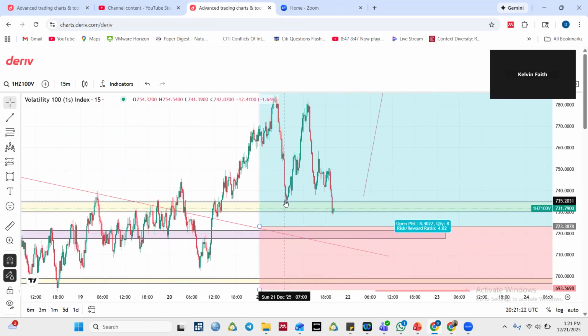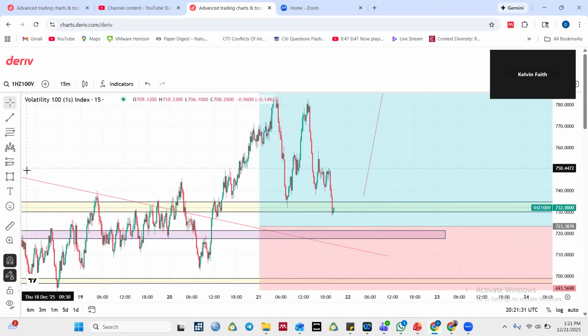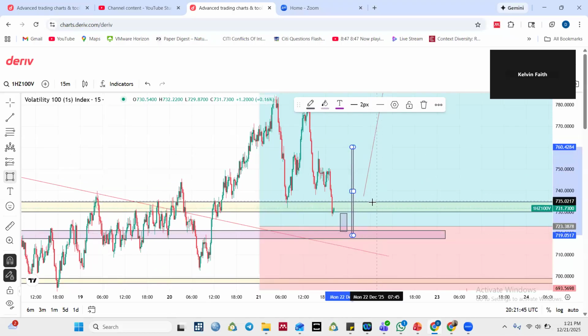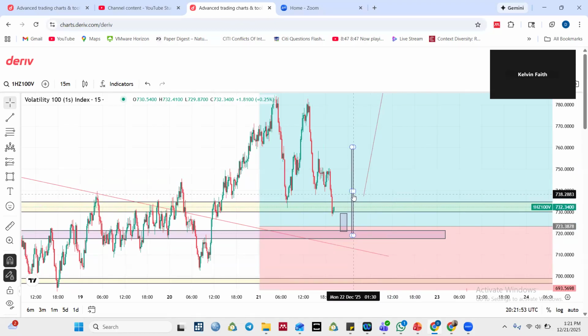We got a reaction, a buy from here, came back again. We have seen that place trying to be broken. Let's see if it gets to the imbalance here, which is the entry, and if it will react up. If it reacts up and we see a break of structure on 15 minutes, 5 minutes, 30 minutes, we might be able to buy. But if we don't get it, let's just leave it alone.